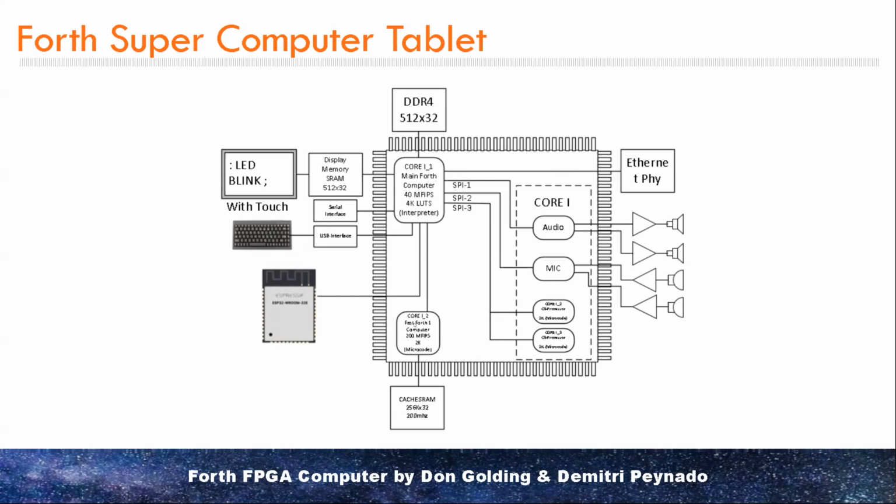And then this will be a fast core. So this will probably be about a 40 million Forth instructions per second computer. This will be 200 million, this guy here. It'll be less memory, 256K by 32 bits static RAM. So you already have two cores. You have a super fast core for doing super fast operations.